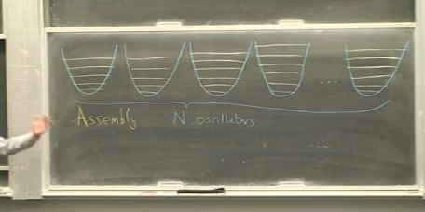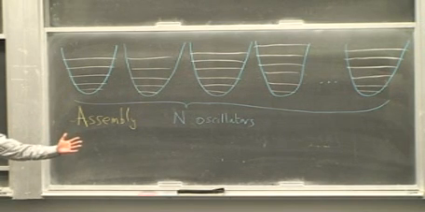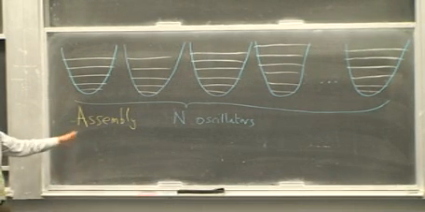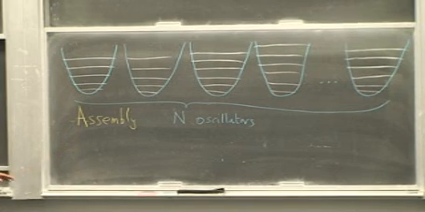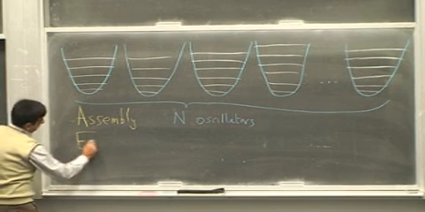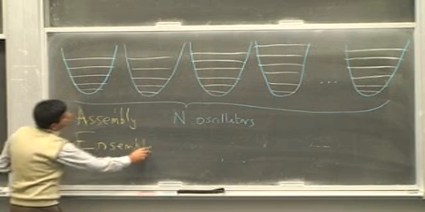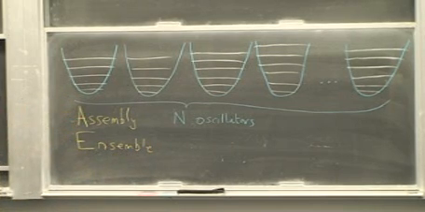I'm looking at all of the oscillators that make up the solid, which means I'm looking at the assembly of oscillators. And this assembly has a very nice word in physics. It's called an ensemble. I'm looking at an ensemble of atoms.